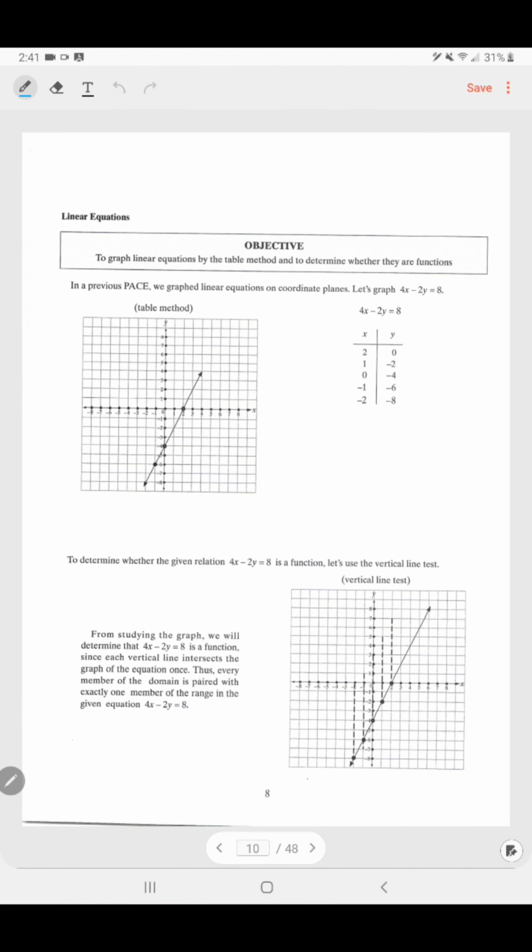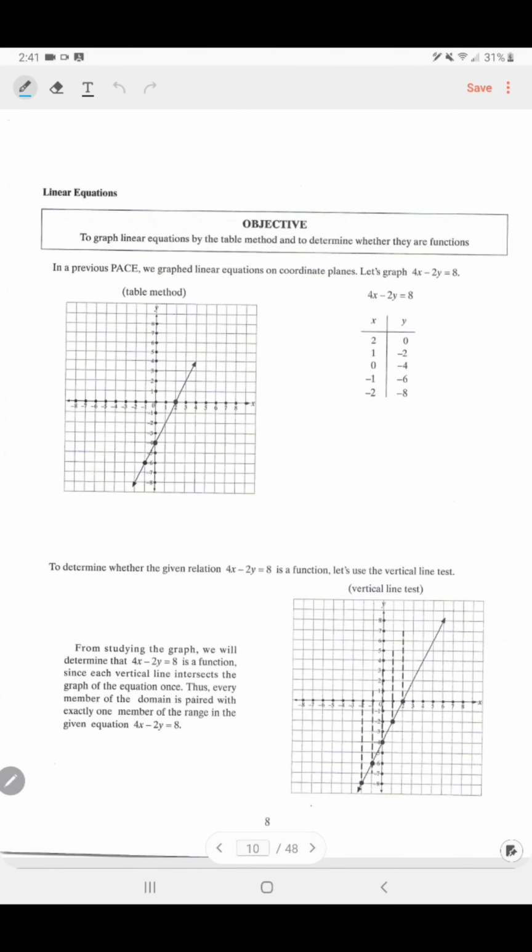Okay. For this, they want you to do a table. So again, an XY table based off of this equation. So first thing is we need to make it y equals mx plus b form. So negative 2y, we've got 4x here.